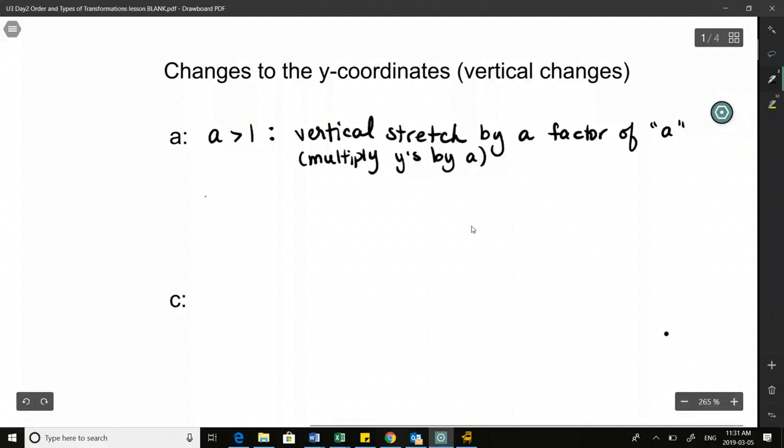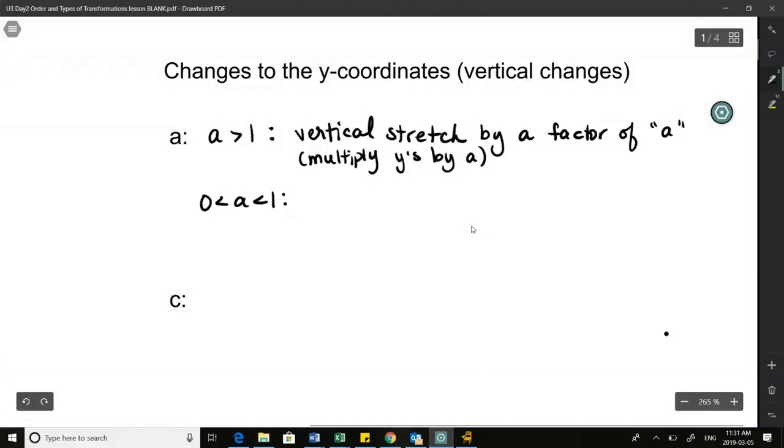Okay, when A is between 0 and 1, can someone give me an example of something between 0 and 1? Between 0 and 1? Bonnie? Half. Did you say a half or did you say 5? Oh, sorry, I thought you said 5. I was like, not quite between 0 and 1.